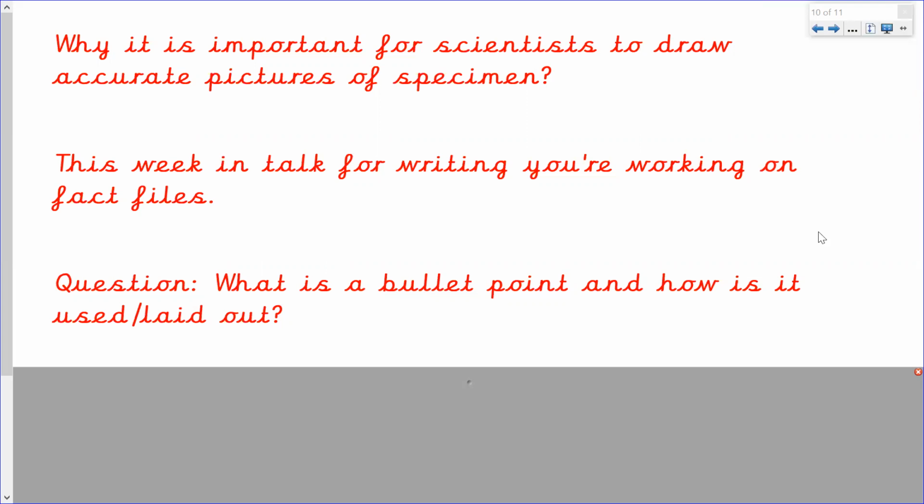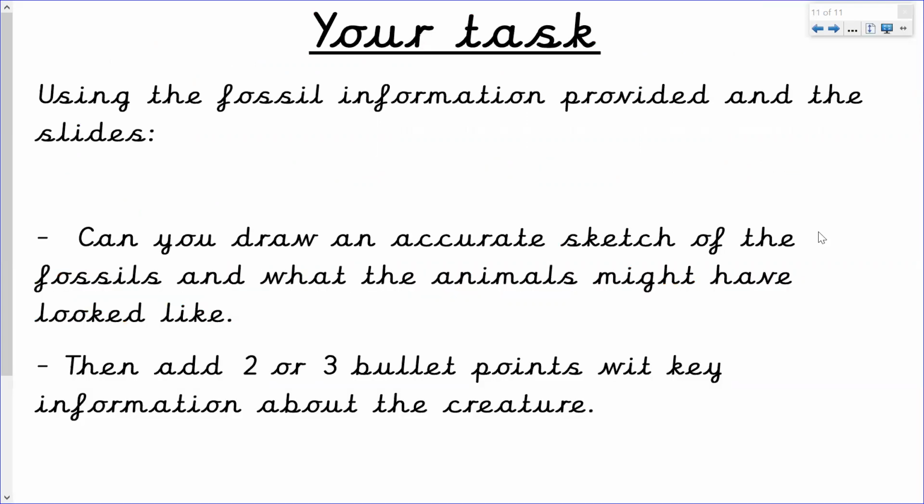Okay, so now, using the fossil information provided and the slides with the information, can you draw an accurate sketch of the fossils and what the animal might have looked like? Then add 2 or 3 bullet points with key information about the creature.